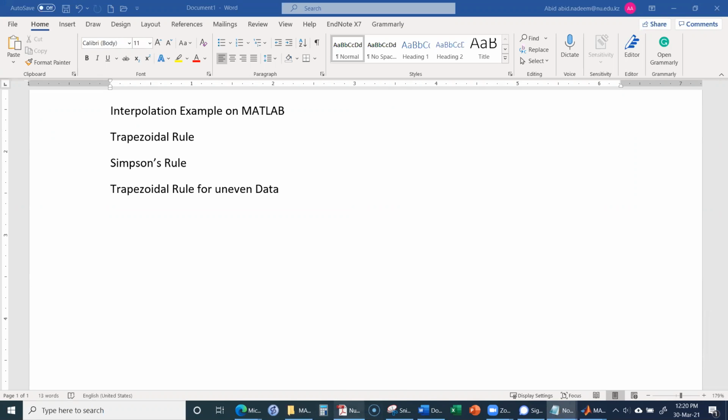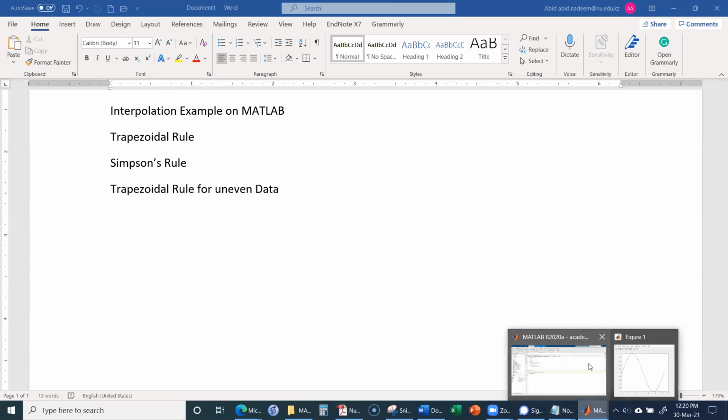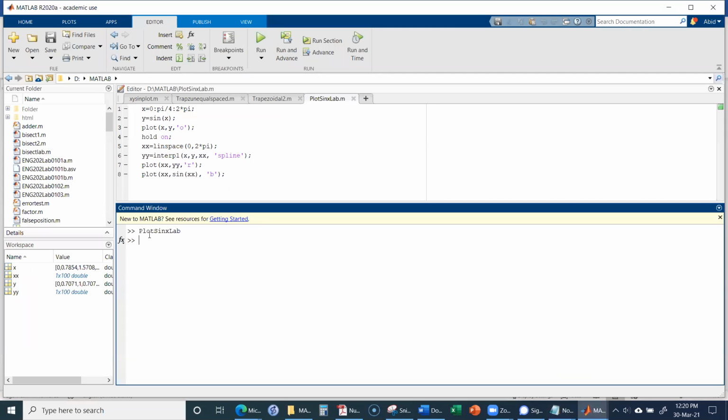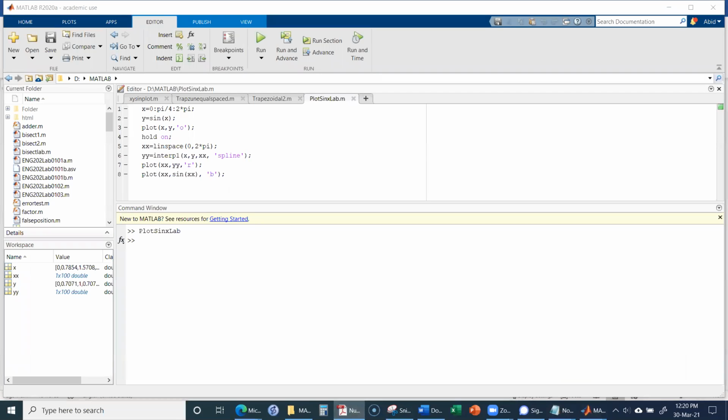So for the trapezoidal rule on Matlab, how can we apply it? I go to Matlab over here, and let me show you what we did for the trapezoidal rule yesterday.